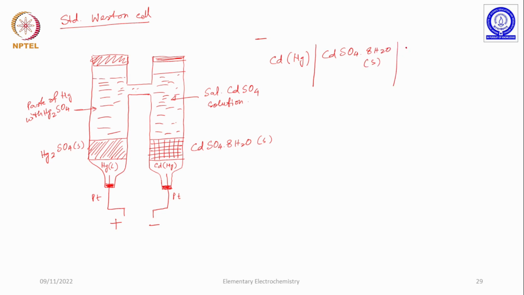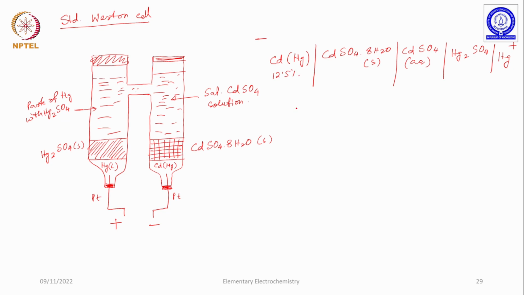Then you have CdSO4 aqueous, that is saturated solution. Then you have Hg2SO4 and Hg as the positive electrode on the right hand side. So, this is a 12.5% cadmium amalgam that is used.